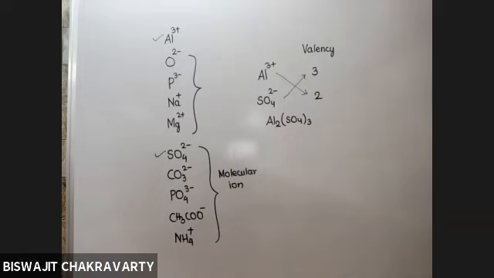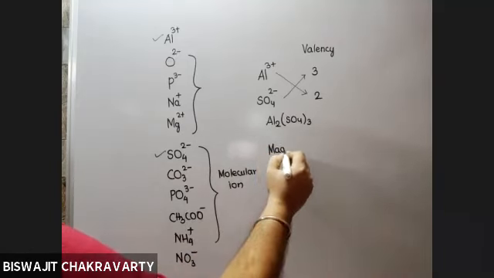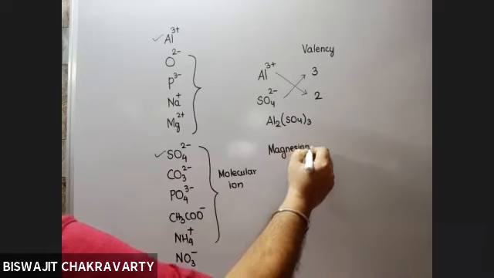This particular way of calculating the molecular formula comprising ions is very important for us, because in the NCERT text, neither in class 11 nor in class 12, is it explained anywhere, but the application part is very much required. So you must be aware of these molecular ions. We have so many different molecular ions. This is called nitrate ion. Suppose you are asked to write the formula for magnesium nitrate.